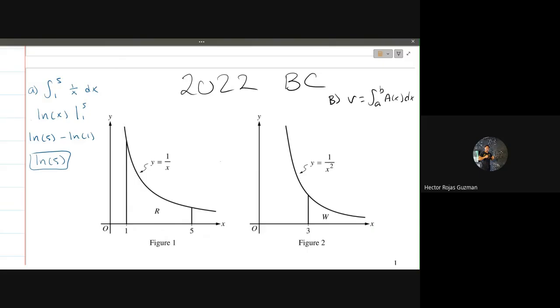It says the area is x e to the power of x over 5. So the integral from 1 to 5 of x e to the power of x over 5. That's it. You don't have to do anything else. Some people try multiplying it by 1 over x or doing something else, but it's always the area of the cross sections.